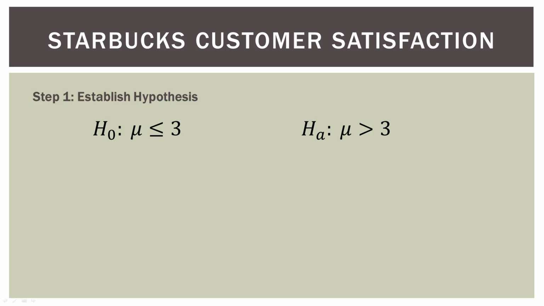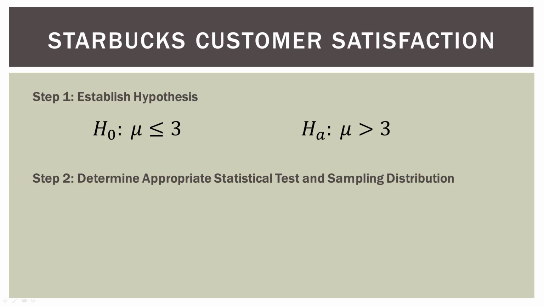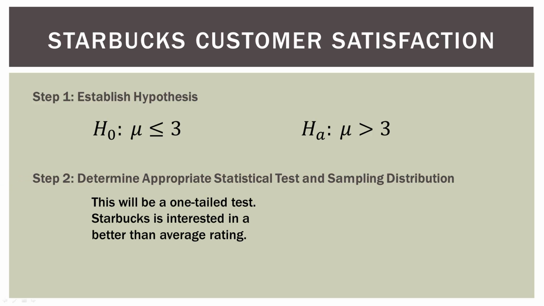So average or lower. Therefore, the alternative hypothesis is that customer sentiment is higher than average or greater than 3. Now this will be a one-tailed test, and we can tell that by the signs in our hypothesis. And Starbucks, remember, is interested in a better than average rating. So here's what they're kind of trying to do in this test.